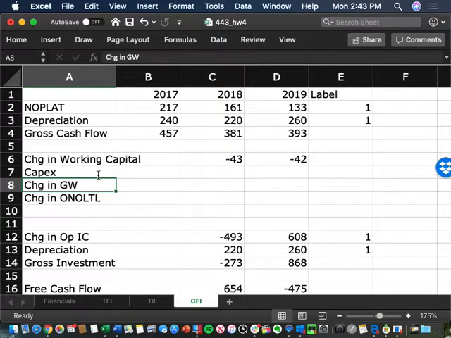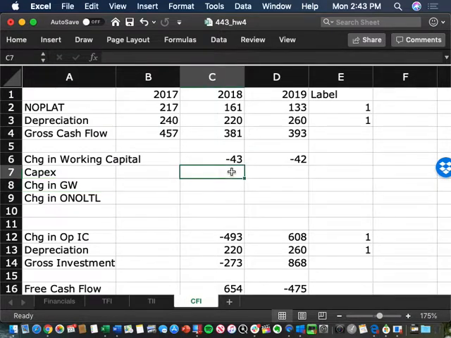So how do I solve for CapEx? Well, I gave this to you as a formula. If you take your beginning PP&E, you add your capital expenditures, you subtract your depreciation, you get to your ending PP&E. Okay? So therefore, what is CapEx?